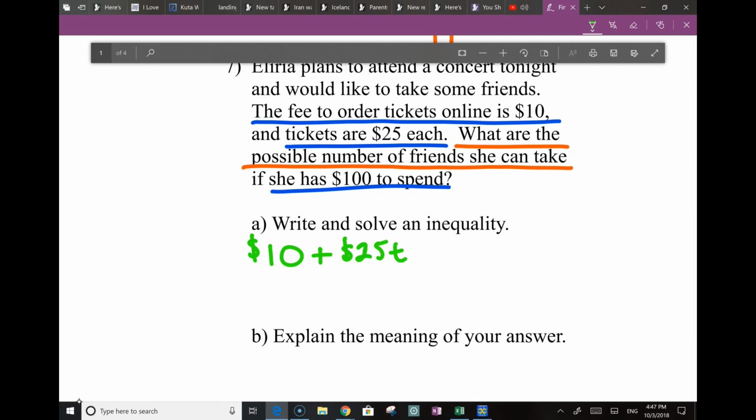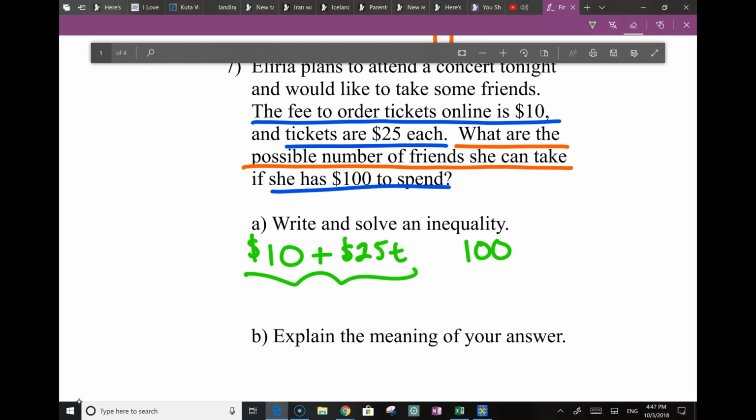Okay, if you don't like that, you can always switch to another variable if you think that looks too much like a plus sign. And then the inequality has to show the relationship between her $100, which is her maximum spending power, and the total number of tickets that she's allowed to buy, that will create this total for her.